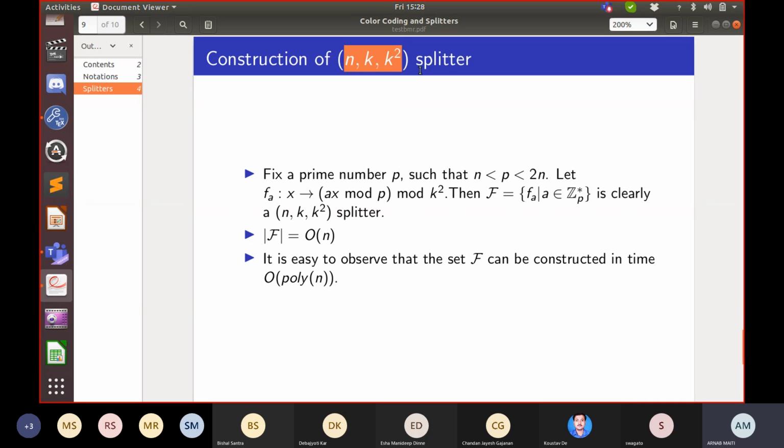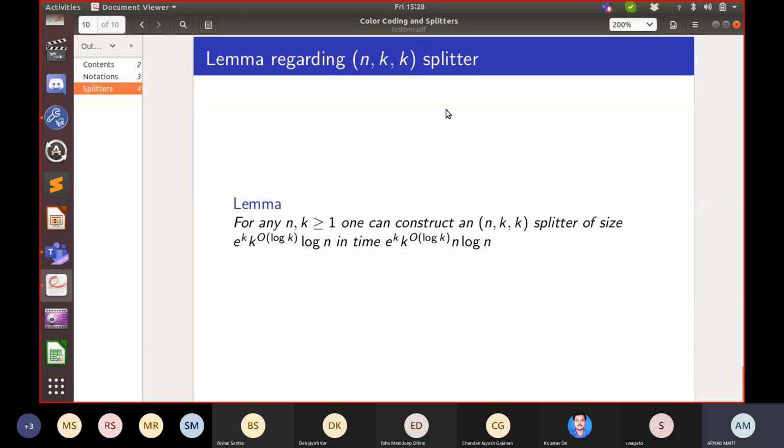It's quite useful. And what you can do, you can use this splitter to create an n k k splitter. The construction I'm not showing because in order to understand it, I need to explain a lot of stuff. So for now, I'm just skipping the construction. I can show visually how it looks. But before that, let's look at this lemma.